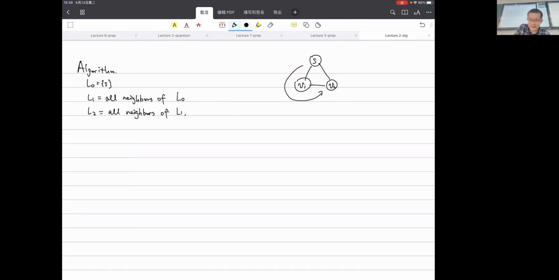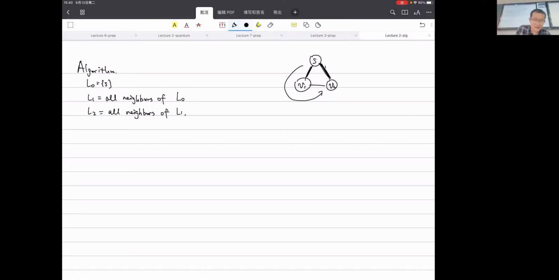But if you continue with such a definition, you will just get confused, because we want to talk about the shortest path. Of course, in this graph you can easily see that the shortest paths from S to V1 and from S to V2 both have length 1. You just consider these two edges for V1 and V2 respectively.